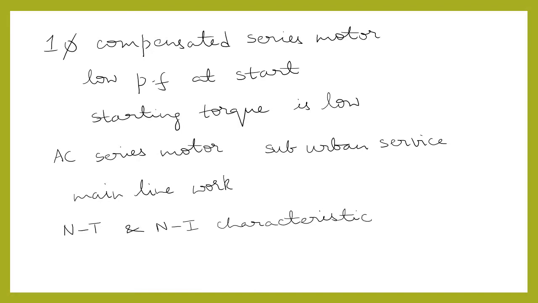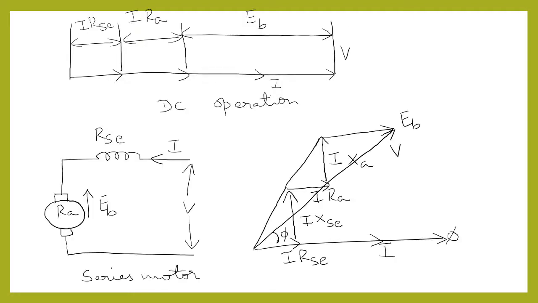series motor. If a DC series motor is worked on AC, then it will not operate in a satisfactory manner. The difference between DC and AC operation can be seen. So we have the DC operation, which is simple enough.